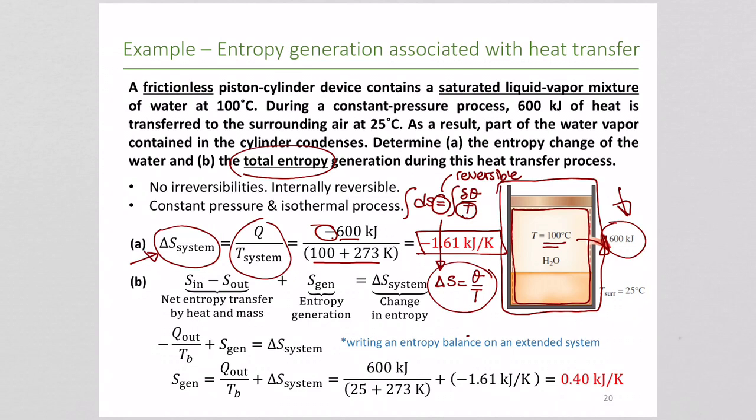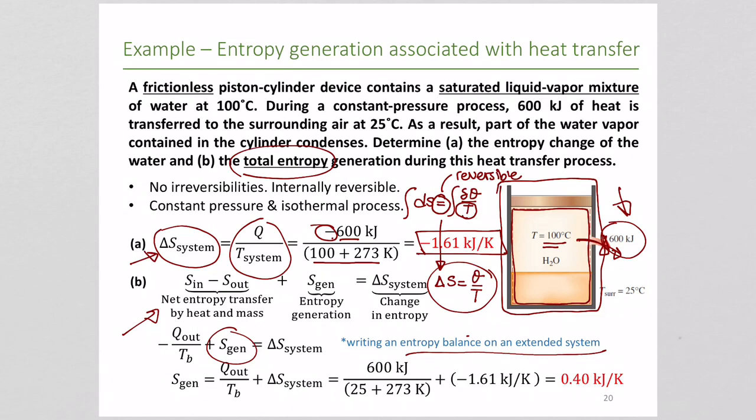So when I extend the system, I can write the entropy balance, because it's asked for the total entropy generation. Basically, it is asking for the entropy generation term, but for the total.